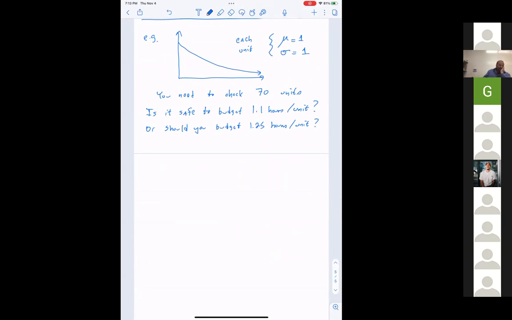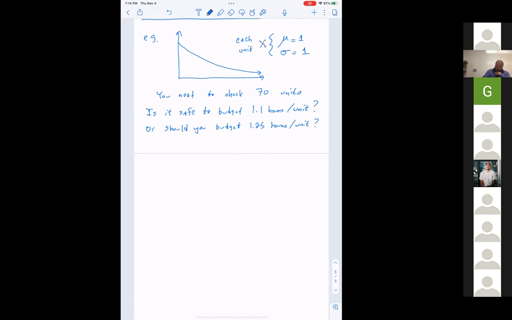So, who here has an idea for how to attack this problem? We can use the normal CDF and then put 1.1 as the lower, and then see how much percentage it might be higher. Well, how can I use the normal if this is an exponential? Is the mu and the standard deviation for each unit? Yeah, this is for each unit.